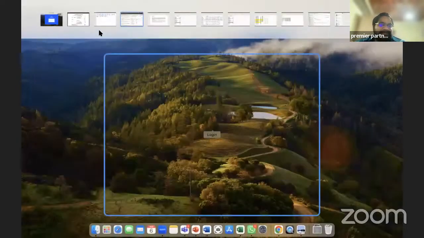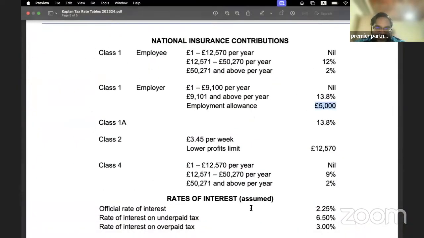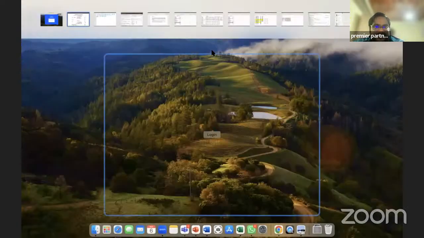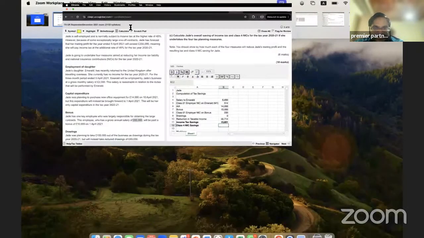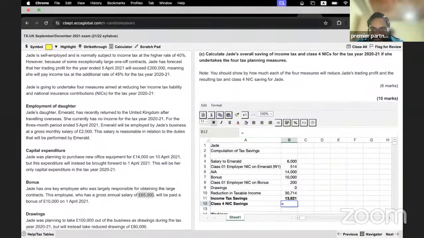So we'll go to the tax rate tables and see what is the rate. Class 4 is also going to expose for 2%. So 30,714 into 2% would be the reduction, which is 614 pounds. Are we clear?